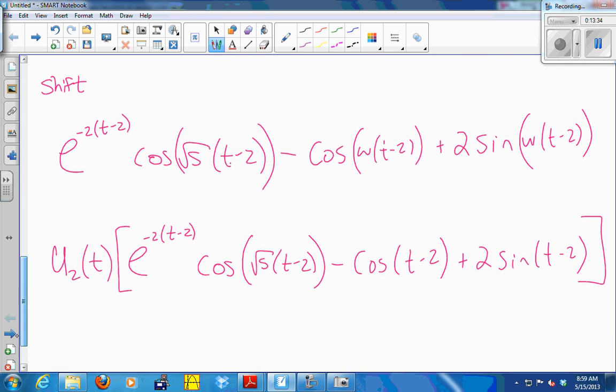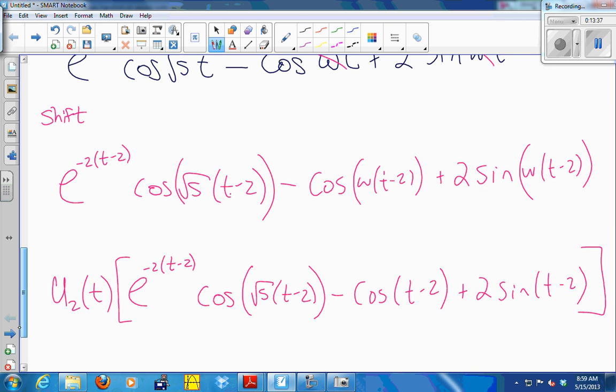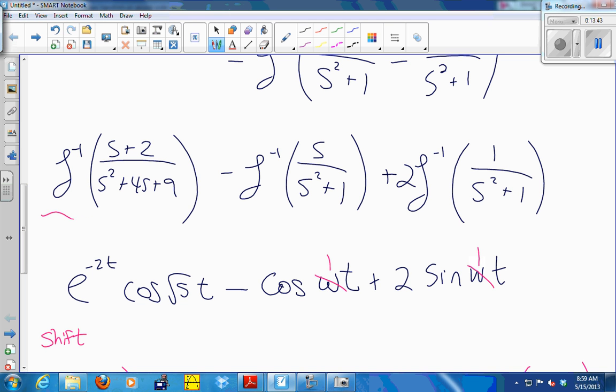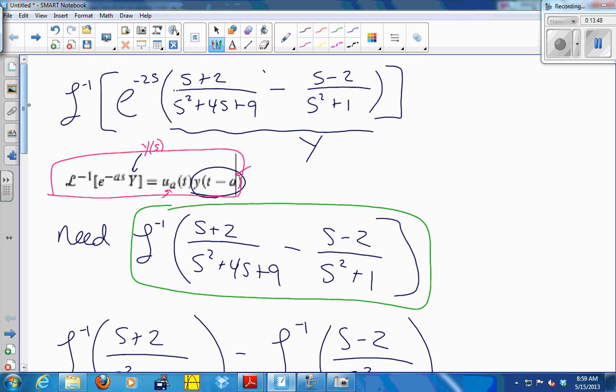That e came from this inverse Laplace transform that we found earlier. So it wasn't because there was an e in the original problem, it came from here. So that is part of the initial question, but the reason there's an e in the answer isn't because there's an e right here. It came from that inverse Laplace transform.